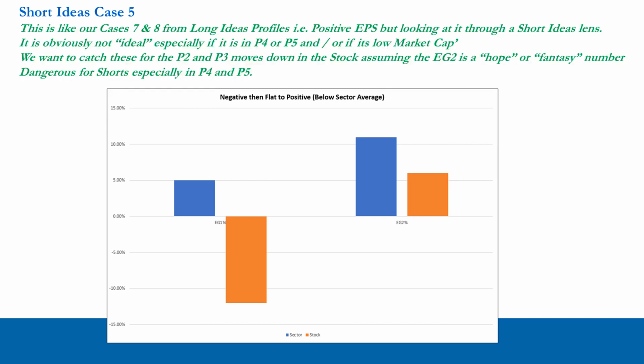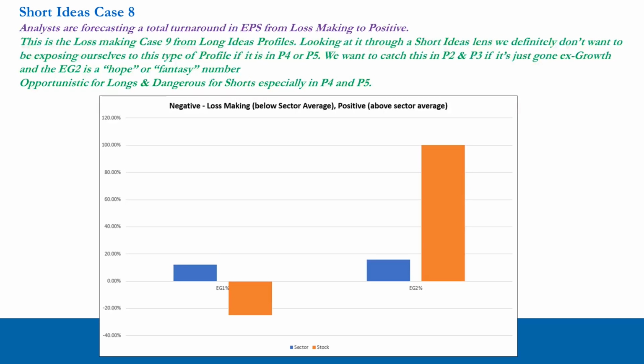When we think of our case number 8 from a short ideas perspective, again, where we are in the X growth phase really matters. Because the earnings growth profile is so wild in comparison to case number 5, and we're coming from a loss-making position, this type of earnings growth profile, when we're in phase 4 and phase 5, is way more dangerous.